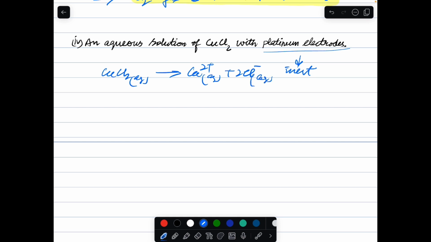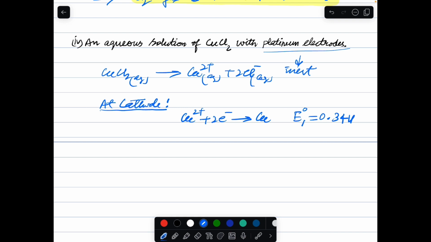So we will write down the reaction at cathode, which is the negative electrode. Therefore positive ion will be attracted, and therefore Cu2 plus will take electron from cathode, will give you Cu metal, and for this E naught value is 0.34 volt.